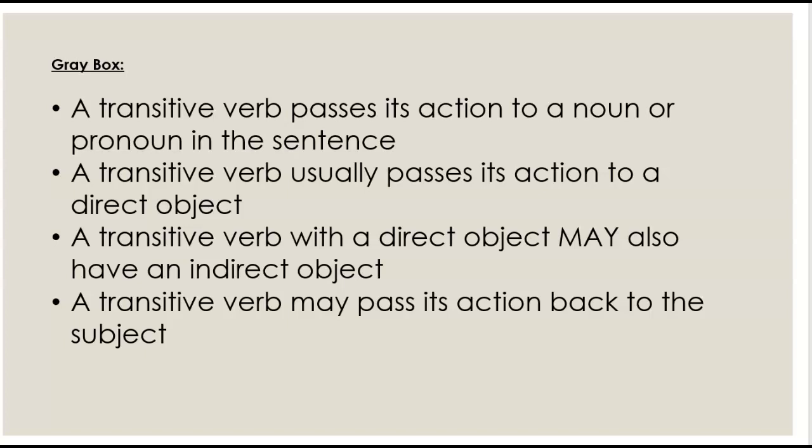So a transitive verb can have both of those, but you've got to have the direct object first. A transitive verb may also pass its action back to the subject, but we're not going to look at that today. Most of the time, the word getting the action of the verb is going to be at the end of a sentence, but it can be at the beginning.